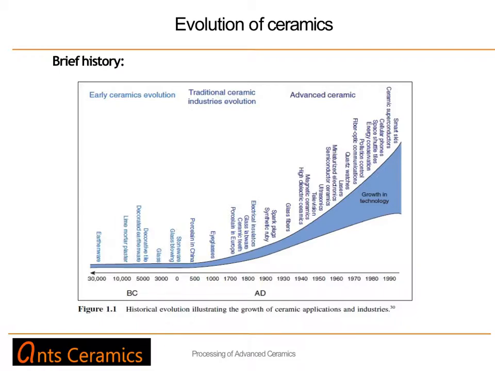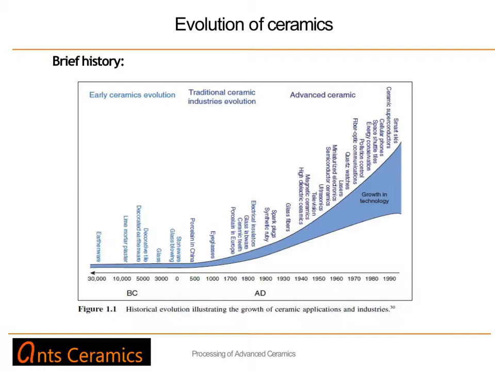People found out how to make their buildings, and how to use lime and mortar. They also invented glass, started manufacturing porcelains, and many other developments happened at that time.